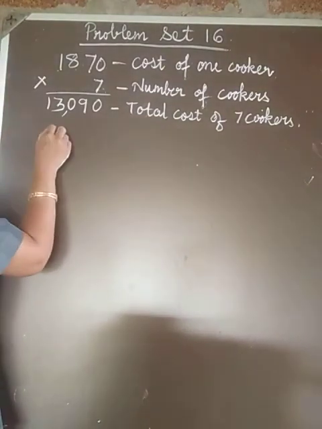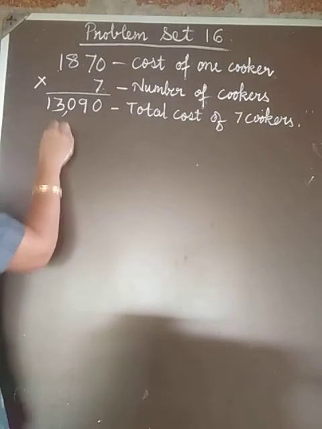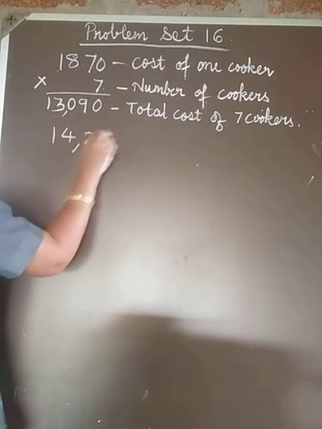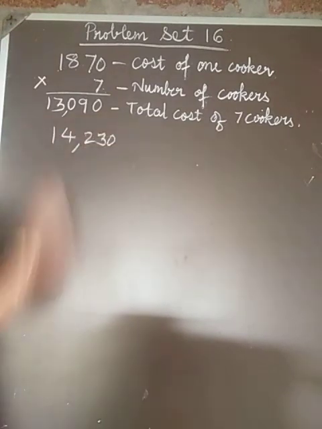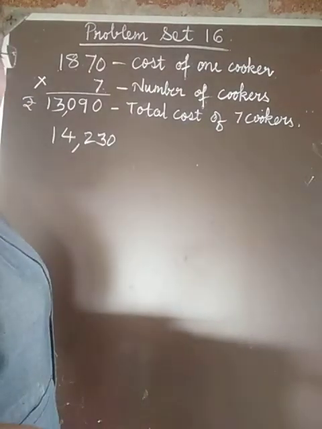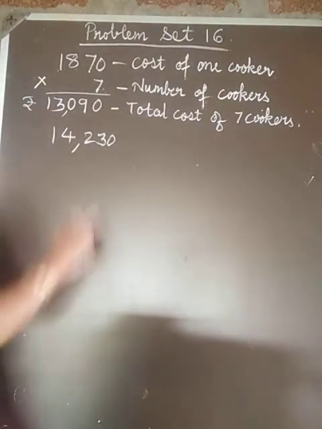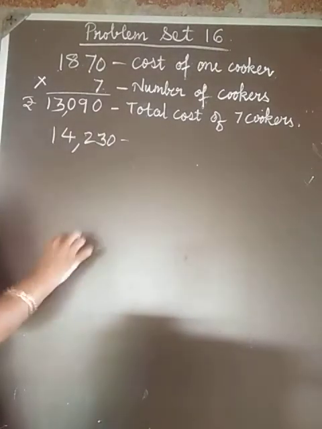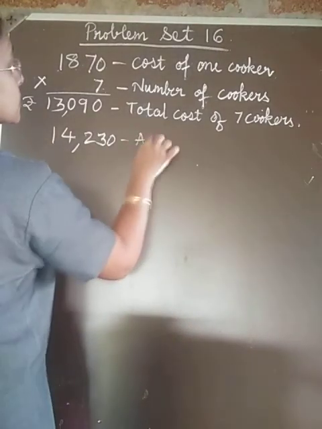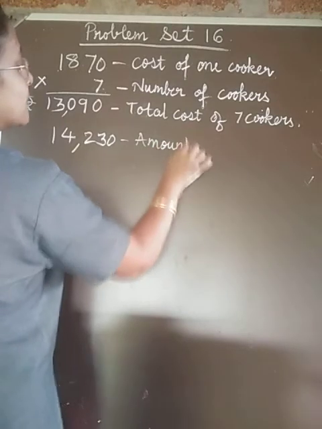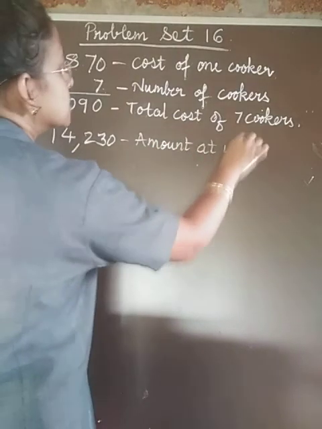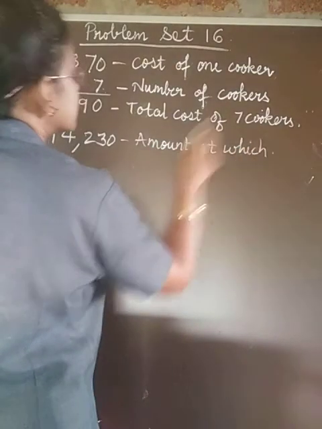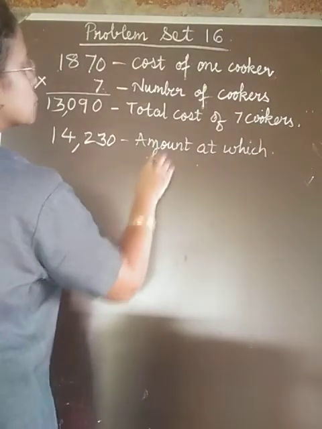Okay, so therefore we will subtract this from 14,230 rupees. So 14,230 rupees was the amount at which he sold the cookers.